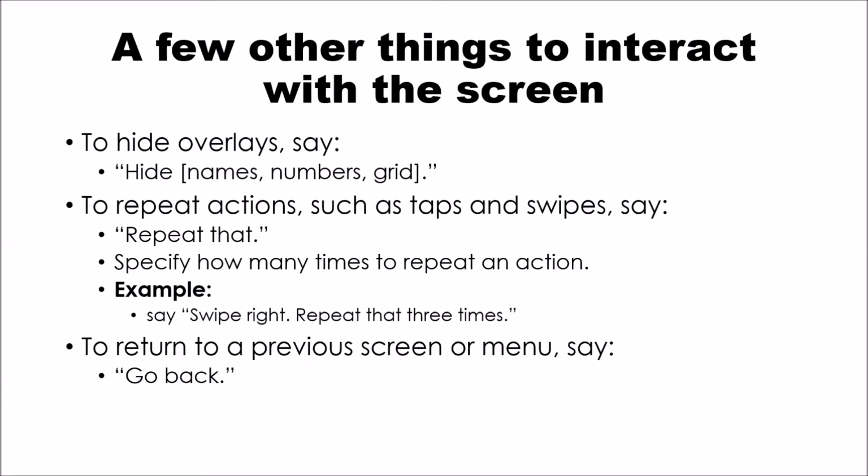You can also say hide. You can also say repeat that. Example there. Swipe right. Repeat that 3 times, which now takes you over to your 4th home page, perhaps. And you can also say, go back.